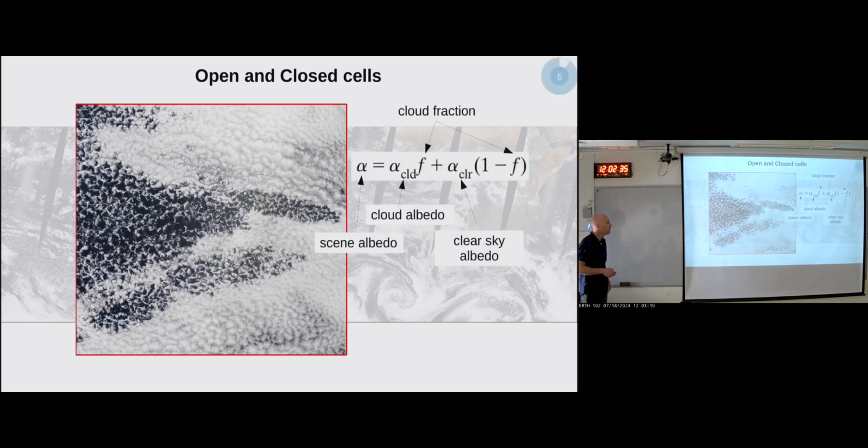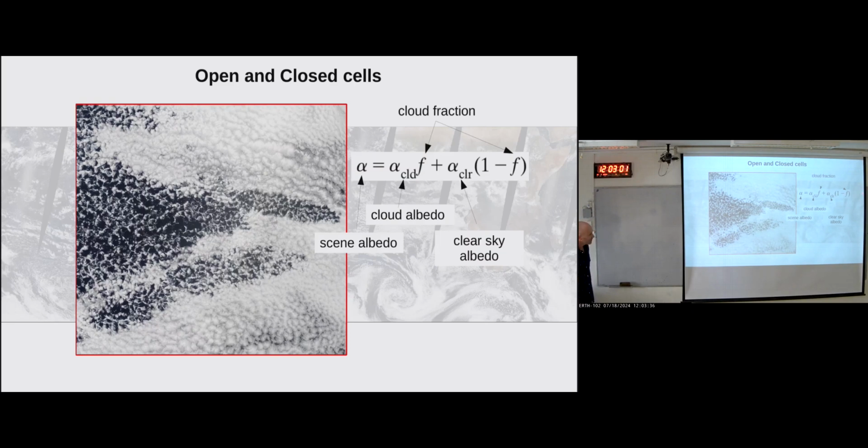And if we want to take a given scene, let's say 100 by 100 kilometers, and calculate the scene albedo, we take the cloud albedo and multiply it by the cloud fraction, and then we take the albedo of the clear sky, the ocean in this case, whose albedo is nearly 0, it's 0.07, and multiply it by the clear fraction.